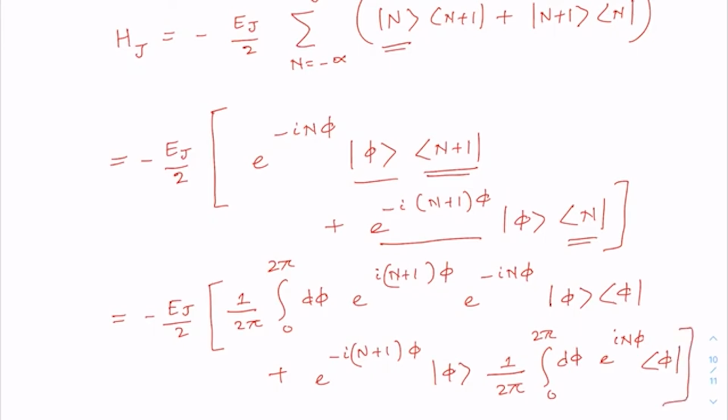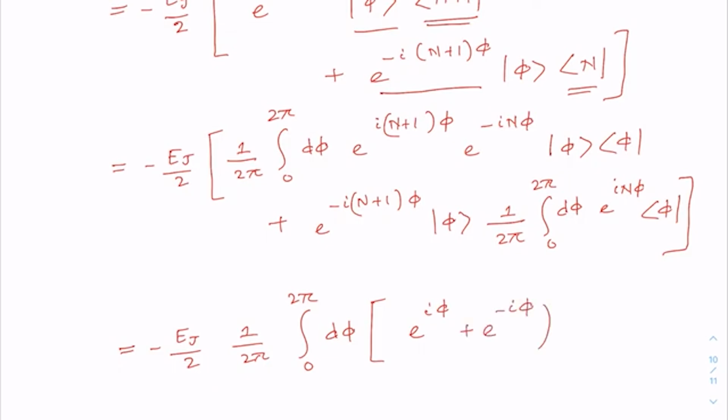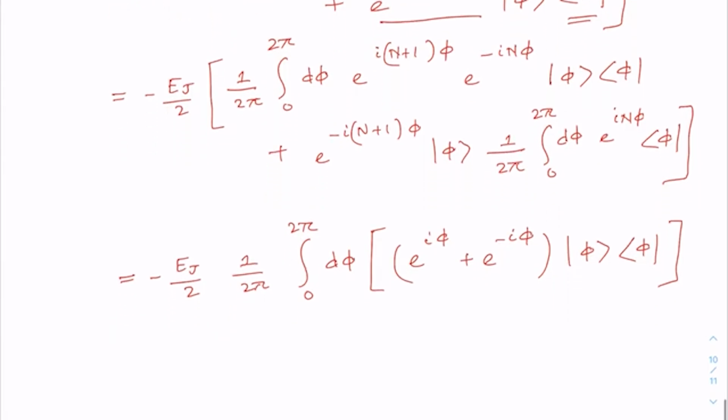This is what I get, and you can easily see that the whole thing can be written as minus E_j by 2, 1 by 2 pi, integral from 0 to 2 pi d phi, with terms e to the power i phi plus e to the power minus i phi, and then ket phi and bra phi.